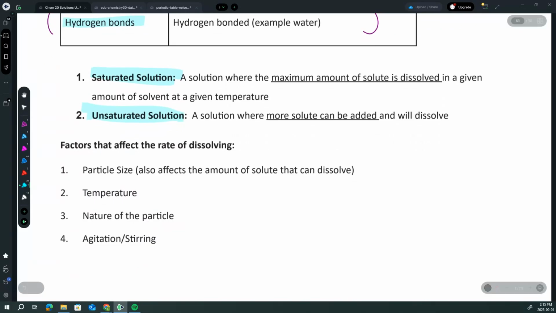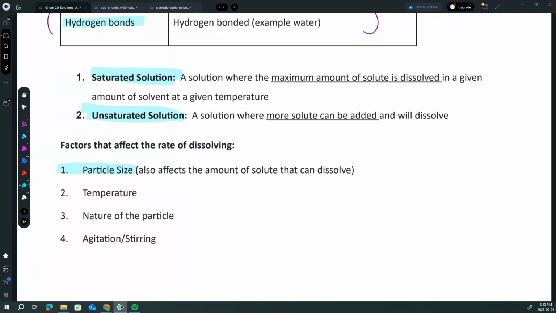Okay. Now there are four factors that affect how quickly a solute can dissolve. So particle size. If you think of sprinkling some grains of salt into water versus throwing a huge block of salt into water, obviously the tiny grains of salt are going to dissolve a lot faster than the block of salt.